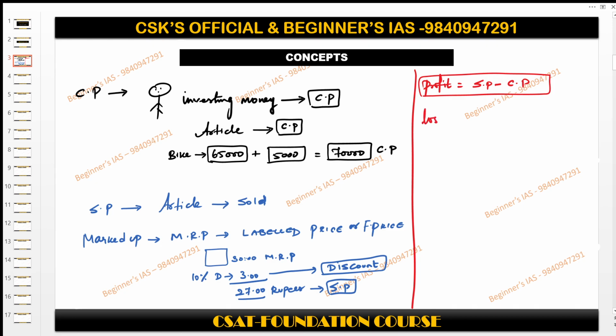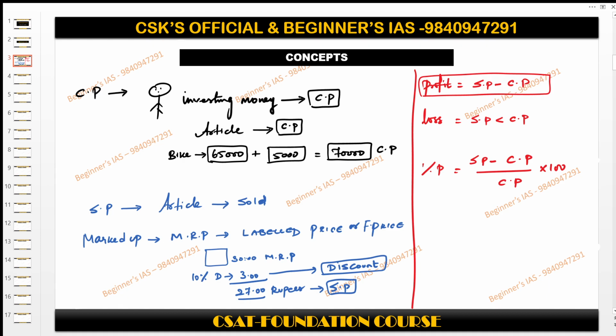Loss is nothing but when the selling price is lesser than the cost price, then it will give you the loss only. This is fine, more than enough with respect to the basics. In order to find the profit percentage, what you need to do is selling price minus cost price, divided by, always remember the reference is the cost price, so the denominator should be your cost price.